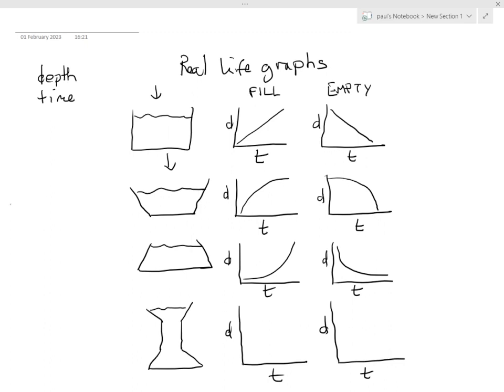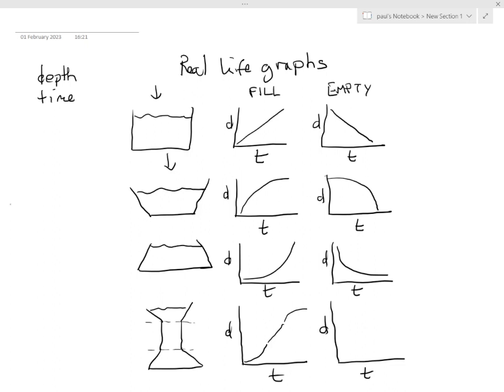It's going to start slow and slowly increase for that bit at the bottom, like that. Then this bit's going to be constant, and then this will slow down as it gets towards the top. That would be all one single line, but for demonstration purposes I've chopped it up into three bits: the bottom, the middle and the top.